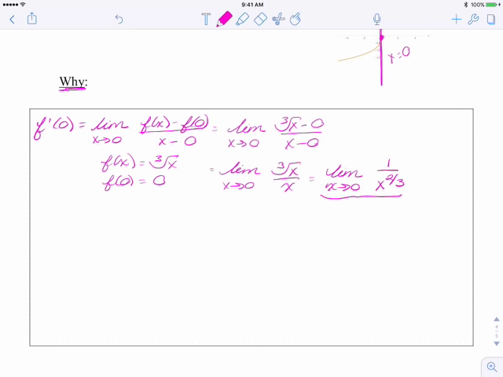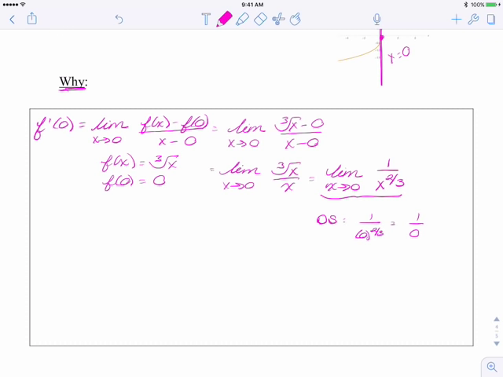So this is a two-sided limit. Notice that if you attempt direct substitution, we get 1 over 0 to the 2/3, which is 1 over 0. Raising to the 2/3 means taking the cube root of the number and then raising to the second power. Now, 1 over 0 is not 0 over 0.